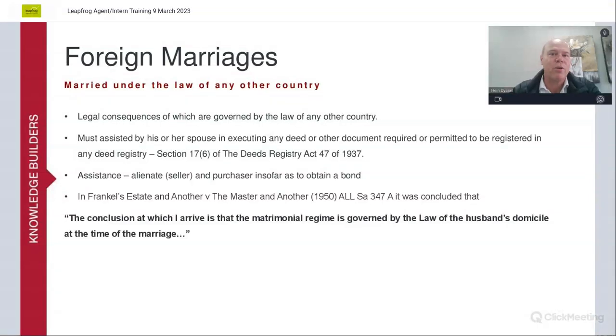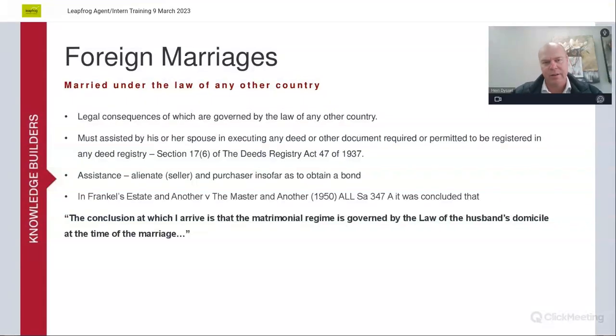When he wants to sell the property, and he owned other properties, etc., we might pick up then that he was married in community of property, but not necessarily. So if he says he's unmarried, he buys and sells properties as unmarried, well, he's lying, it's fraud, and his spouse will have to one day decide what action she wants to take against him for lying about his marital status.